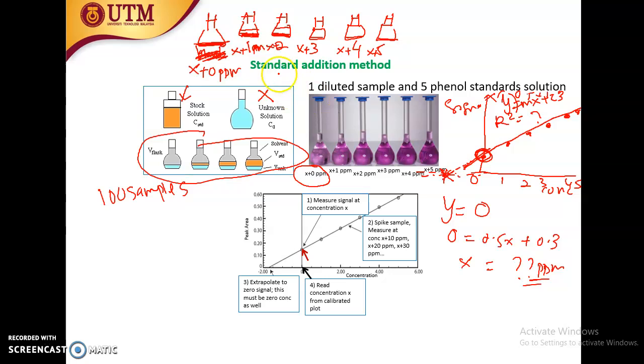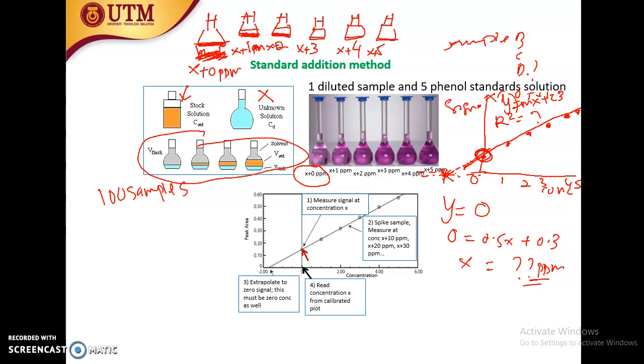Because why? You prepared your volumetric solution using sample 1, for example sample A, and then you do the graph. Can this graph be used for sample B? Or C or D and so on?